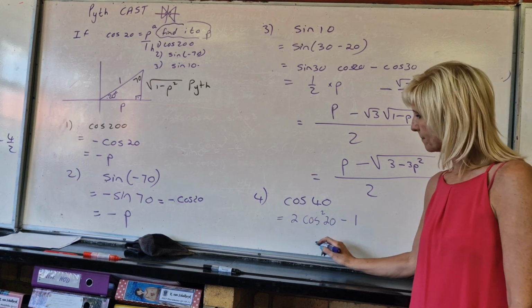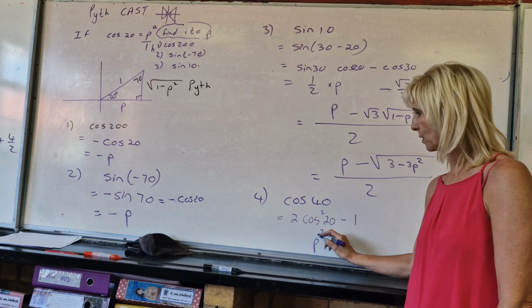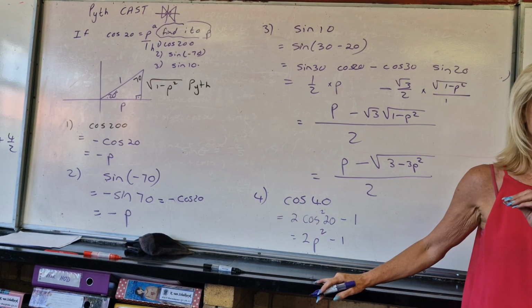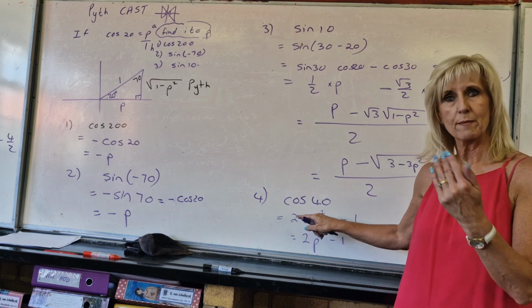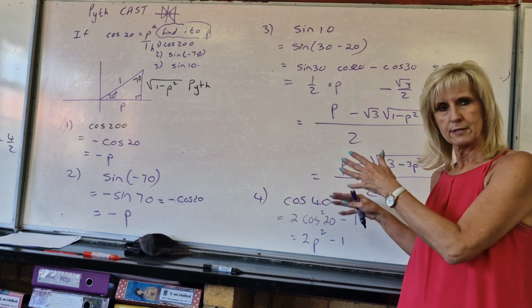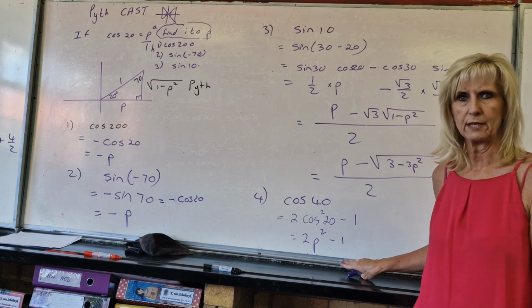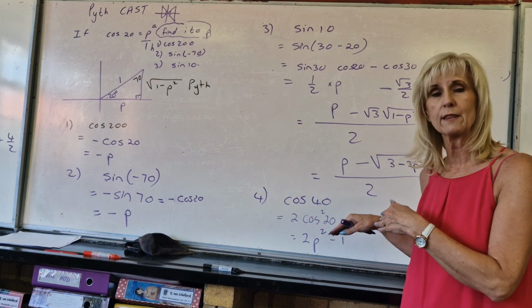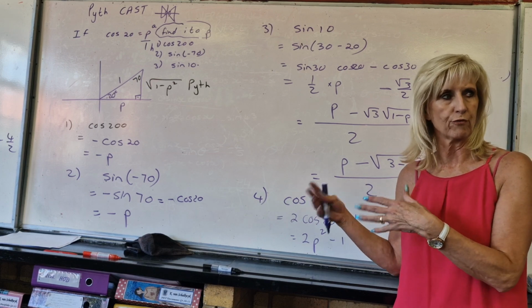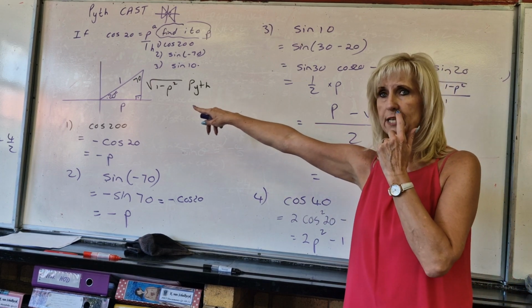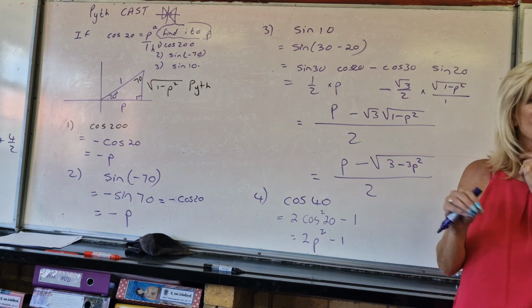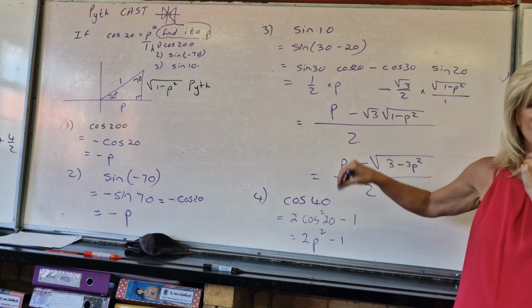Cos 20 is p, so it's 2p squared minus 1. And that was definitely the fastest one. If you had gone for cos squared minus sin squared, would you have simplified and gotten here? Definitely. If you had gone for 1 minus 2 sin squared, you would also get there, but with a little bit of work on your roots and your 1 minus p squared and square root that you've got to work with. You would get there, but look for the easiest one in the scenario that's been given.